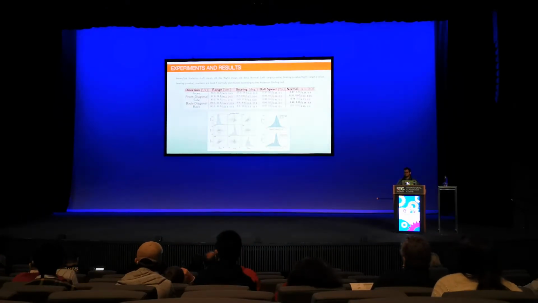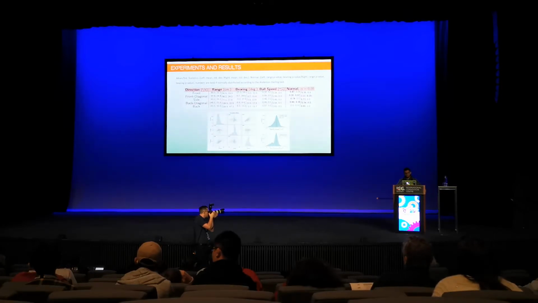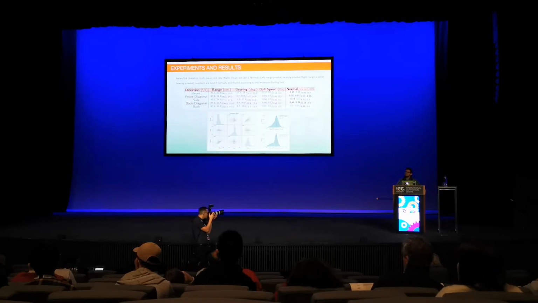I see the front kick ball speed, the lowest 0.37, and the back diagonal, the maximum speed is 0.65. Why is the back diagonal faster than the front?